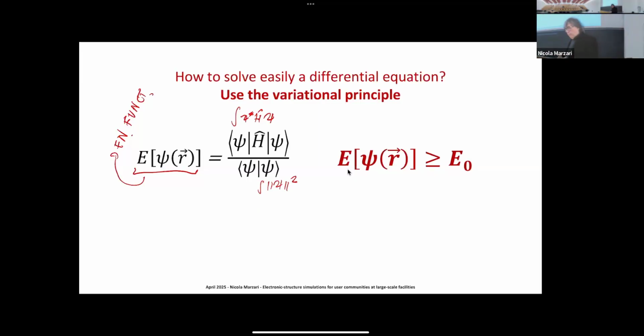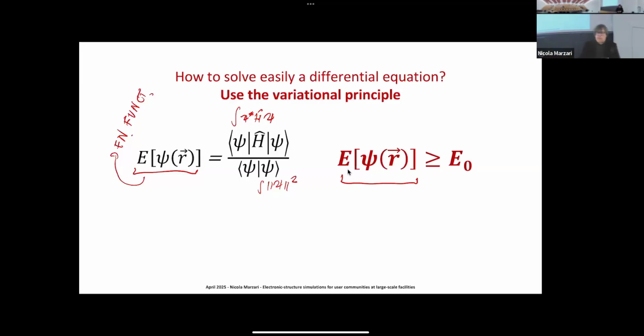And what one can prove very easily is that you can feed to the beast anything. All the psi that you feed are going to give you different numbers, but these different numbers are always going to be greater than or equal to the ground state energy. So if you were able to solve a difficult Schrödinger equation, you would be able to find the lowest energy eigenvalue, the first excited state, and so on.